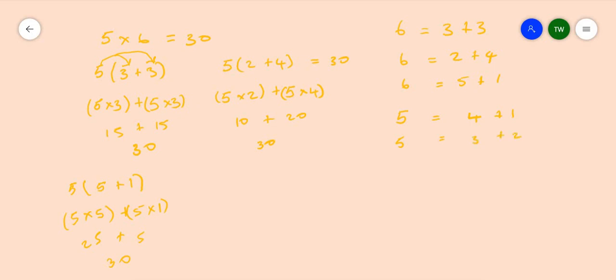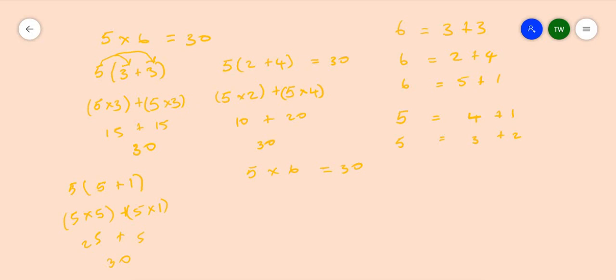Now, we know that 5 times 6 is 30. So let's say that we are going to rewrite that. This is the fact that we know, so we know that 5 times 6 is equal to 30.